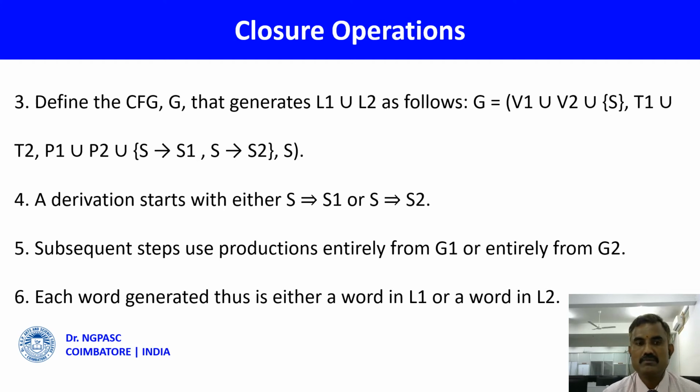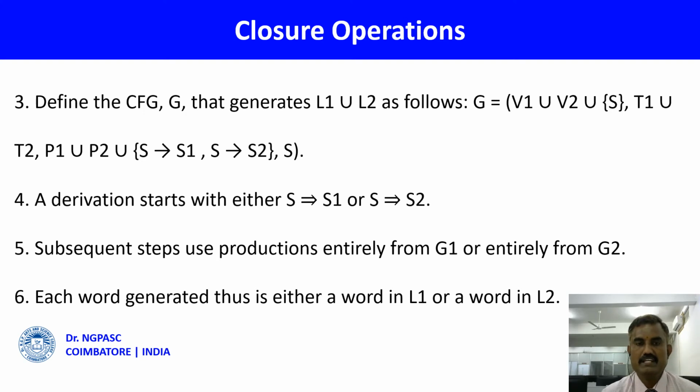The production rule P equals P1 union P2 union two new production rules: S tends to S1 and S tends to S2. Here S is the starting symbol of the grammar G of the language L.